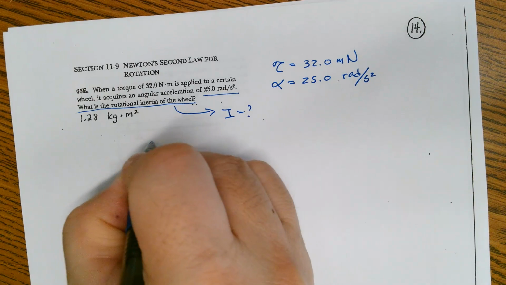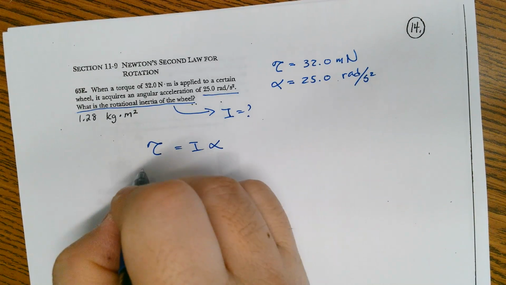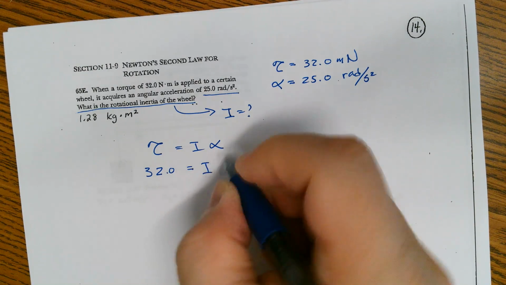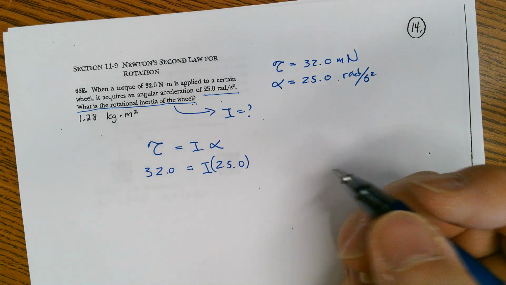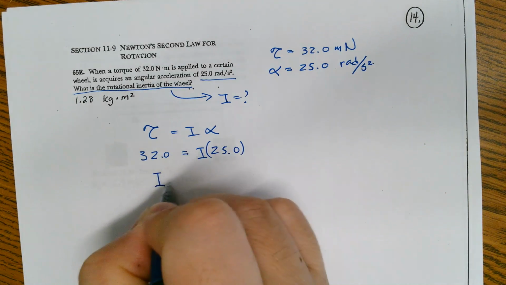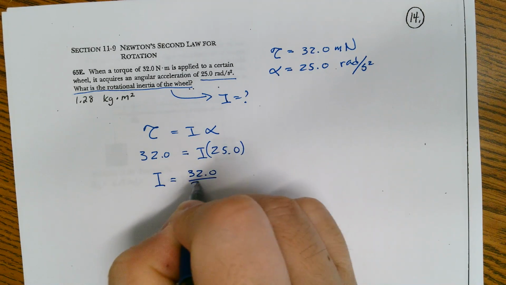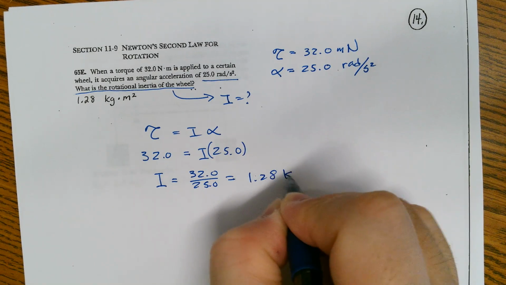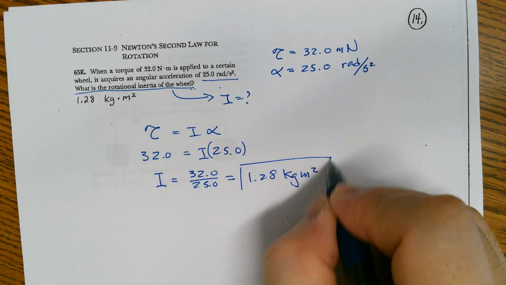Since torque is equal to I alpha, 32.0 is equal to I times 25.0. All right, that was really hard.